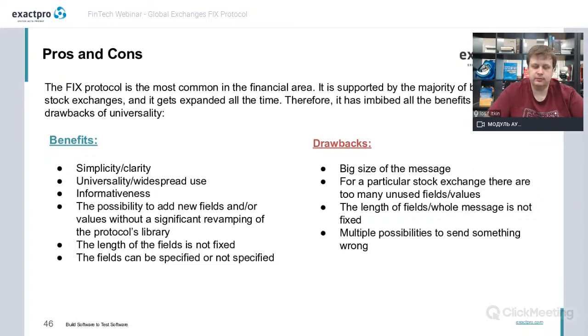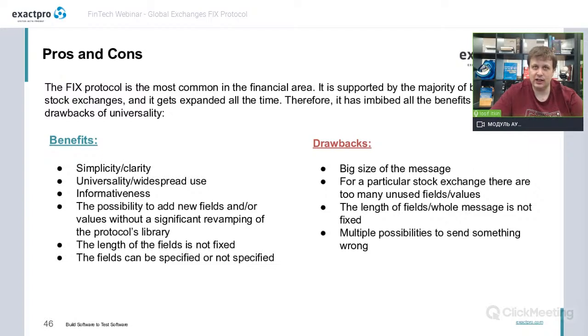So there are benefits and drawbacks in using the FIX protocol. We can probably cover it in more detail during another session. The main benefit of FIX is that it is standard, in terms of protocols.